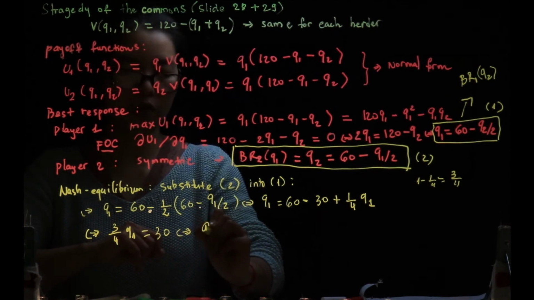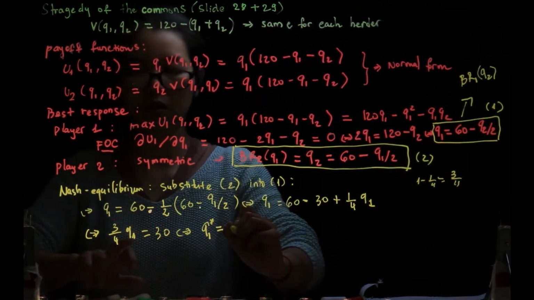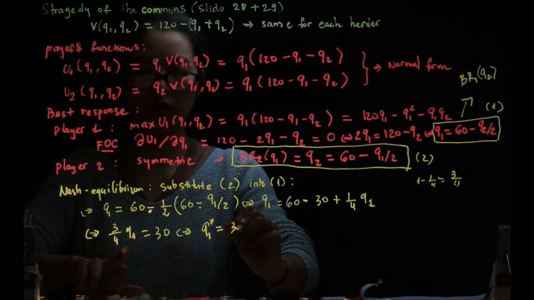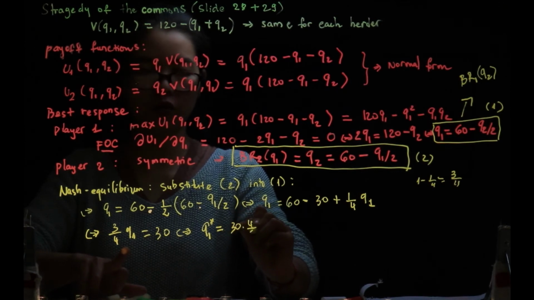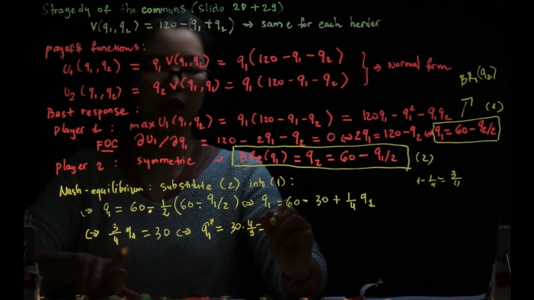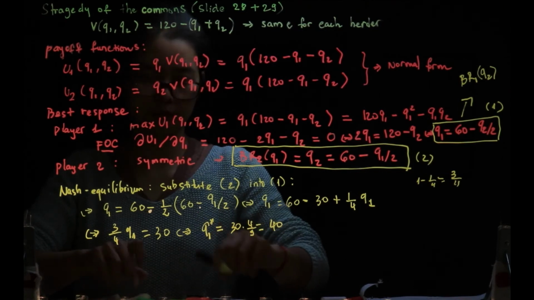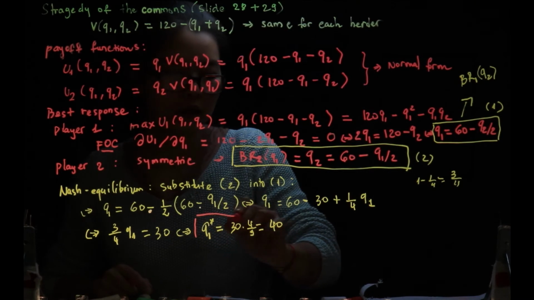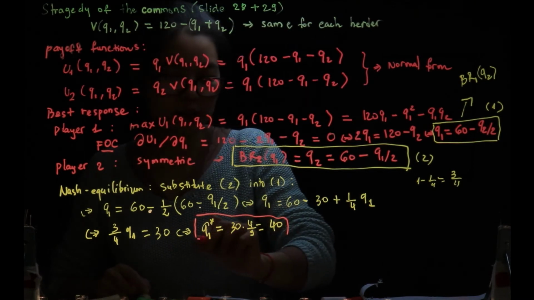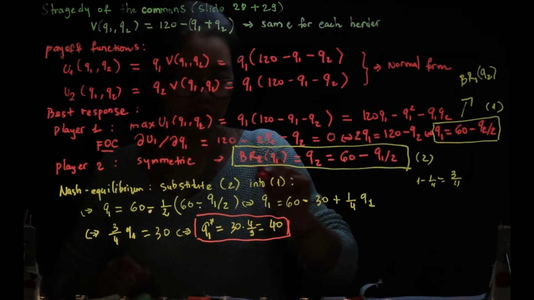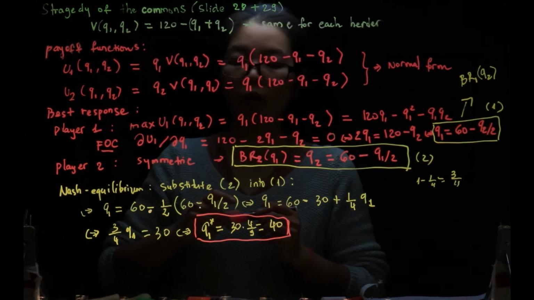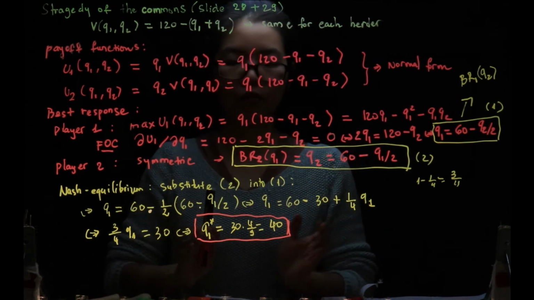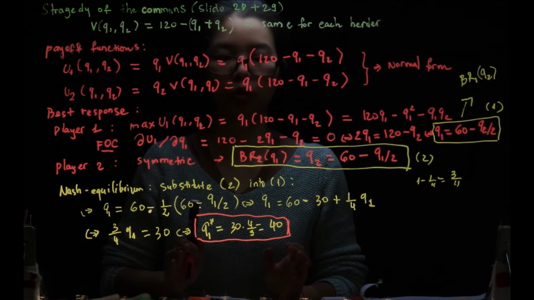And at the end we have q1 star equals 30 times 4 over 3, which is 40. And this is the quantity or the number of sheep that the first herder would graze at Nash equilibrium.